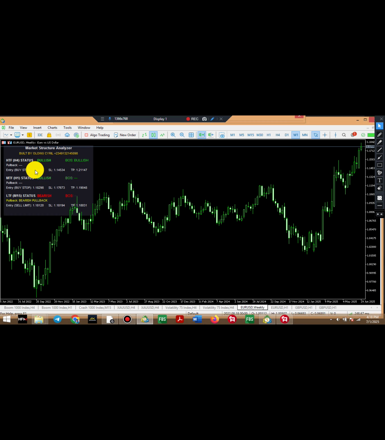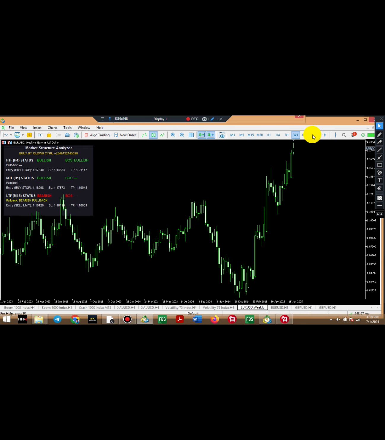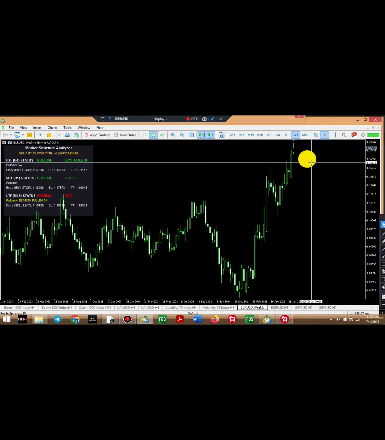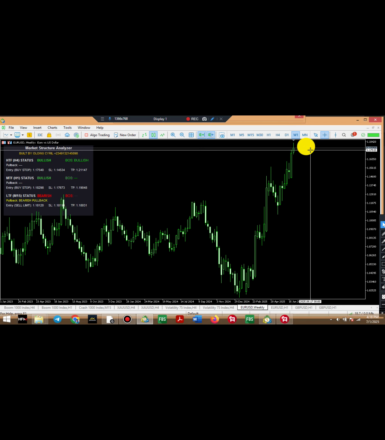I believe it's on already, because 17540, if we try to locate where 17540 is, it's exactly around this zone. So the H4 has activated the buy stop, right? And you can see the TP is very far.